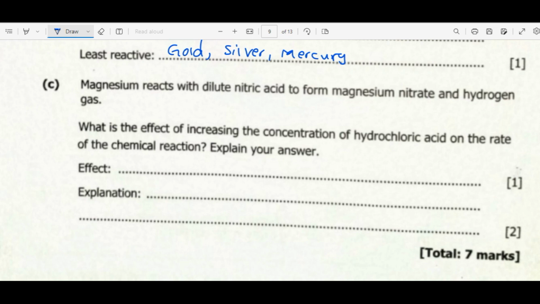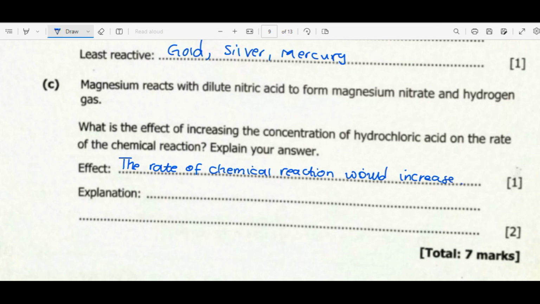So the effect: the rate of chemical reaction would increase.